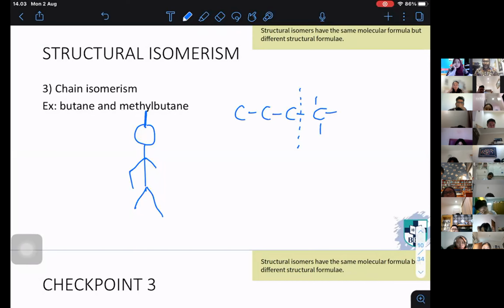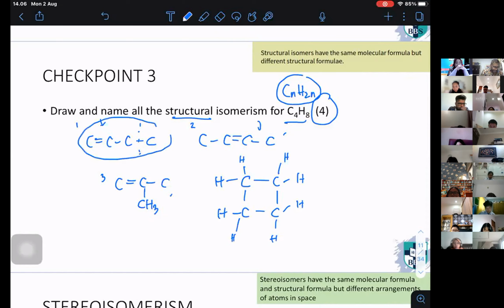So how to name? This one I'm not going to write it down. You see, but-1-ene, but-2-ene, position number 1, position number 2. How to name this? This is going to be prop, 1-ene. If this is carbon number 1, carbon number 2, so 2-methyl.